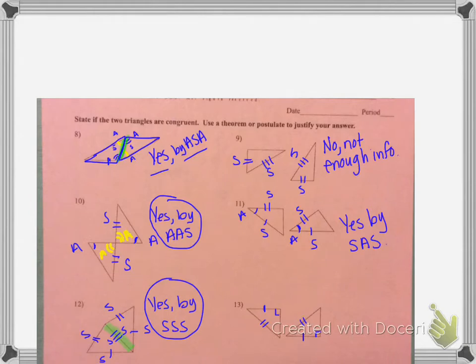It's a right triangle, so I'm going to check for hypotenuse leg. Is one of my sides a hypotenuse? Yes, this one. Is one of my sides a leg? Yes, that one. Do I have right angles? Yes. So, for my answer, I'm going to say yes by hypotenuse leg.